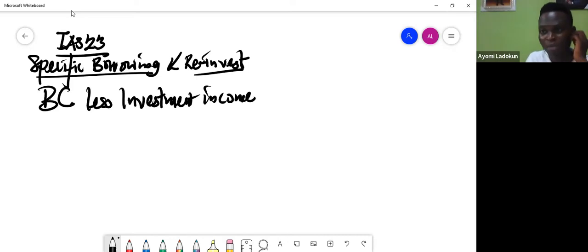So what does that mean? Let me just give a figure. I'll just assume a figure. Let's say I went to the bank and borrowed 5 million naira at 10%.